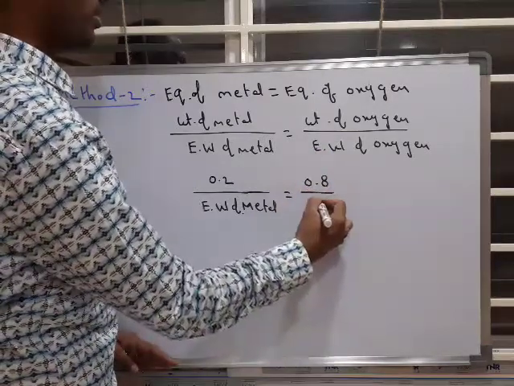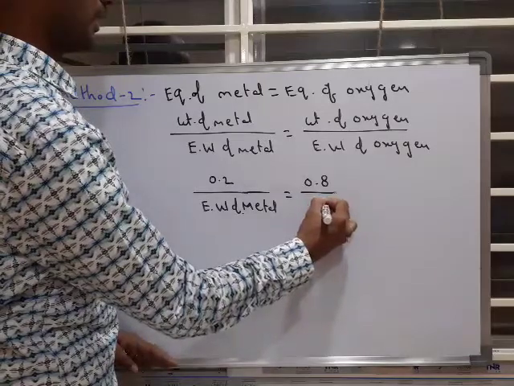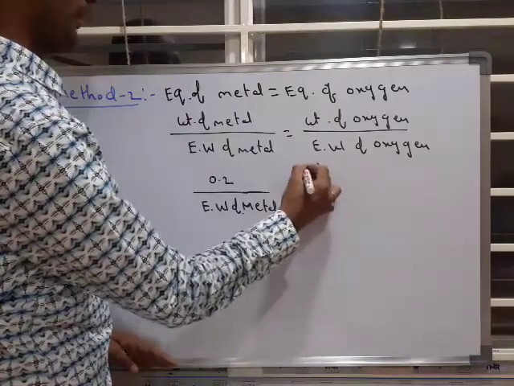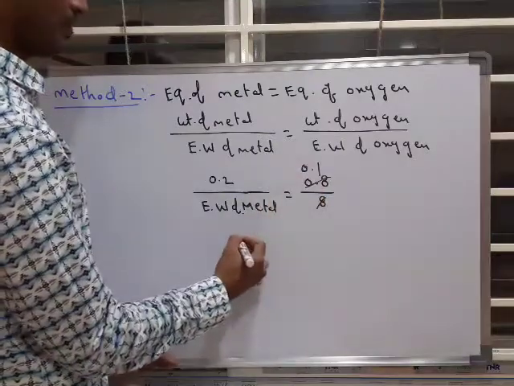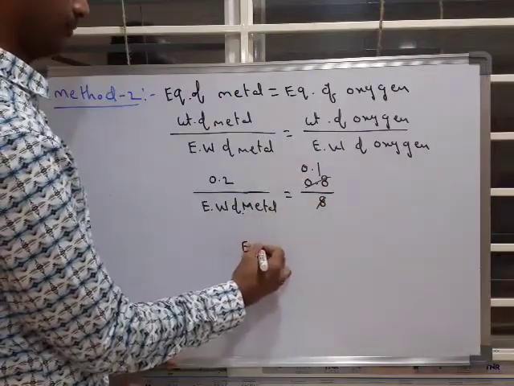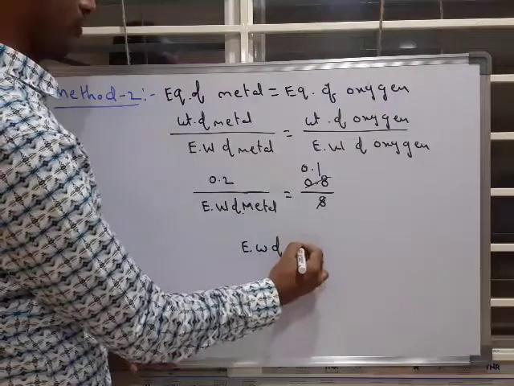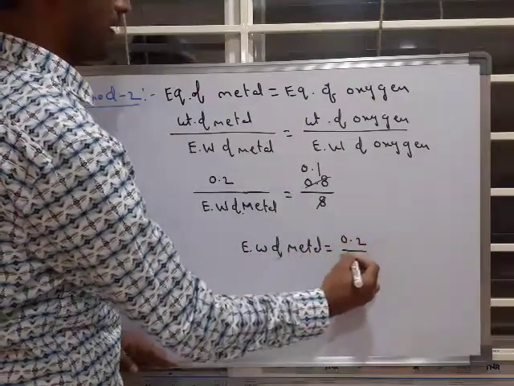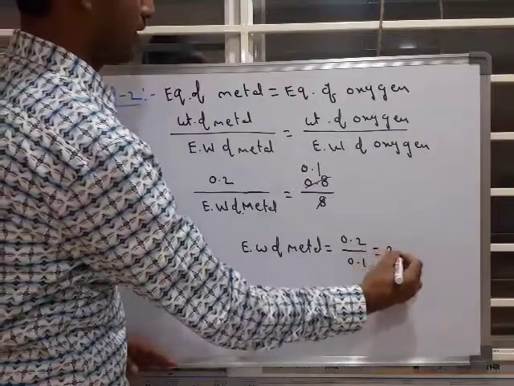Equivalent weight of oxygen we have 16 by 2, that is 8. So we will get 0.1. So on cross multiplication, equivalent weight of metal is equal to 0.2 by 0.1, that is equal to 2.